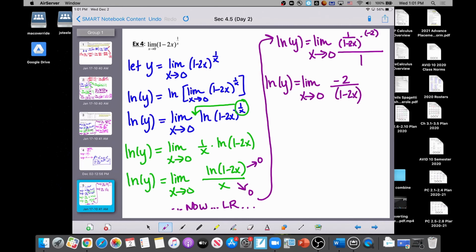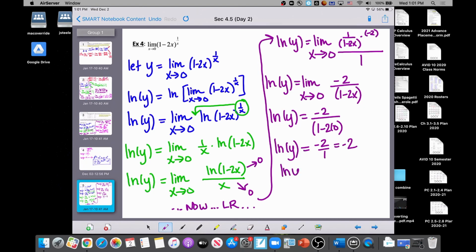And now I can plug in 0 because I no longer have an indeterminate form. Now I have negative 2 as my numerator. So when I plug in 0, I get natural log y is equal to negative 2 over (1 minus 2 times 0), which means natural log y is equal to negative 2 over 1, which is negative 2.